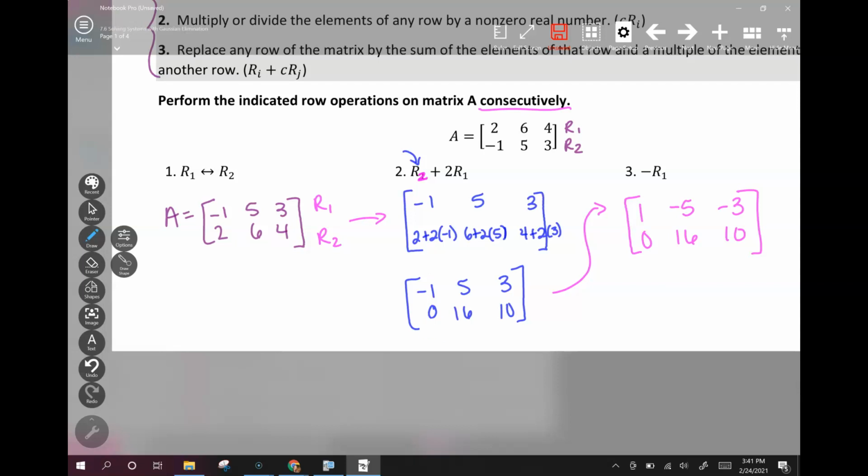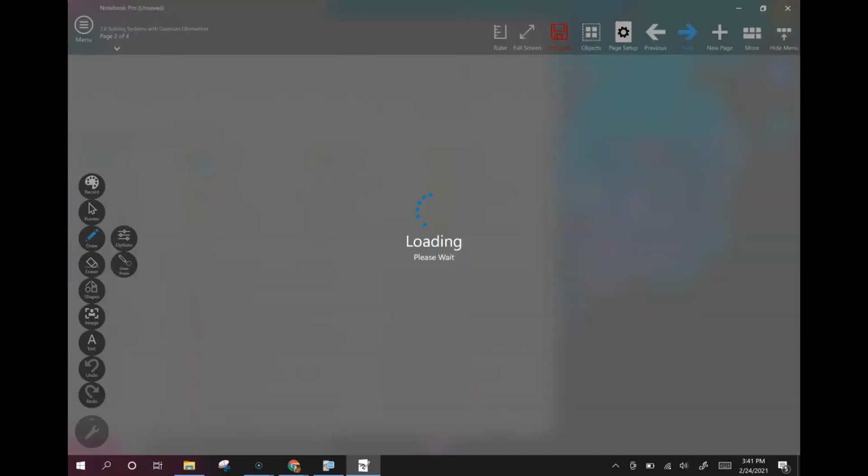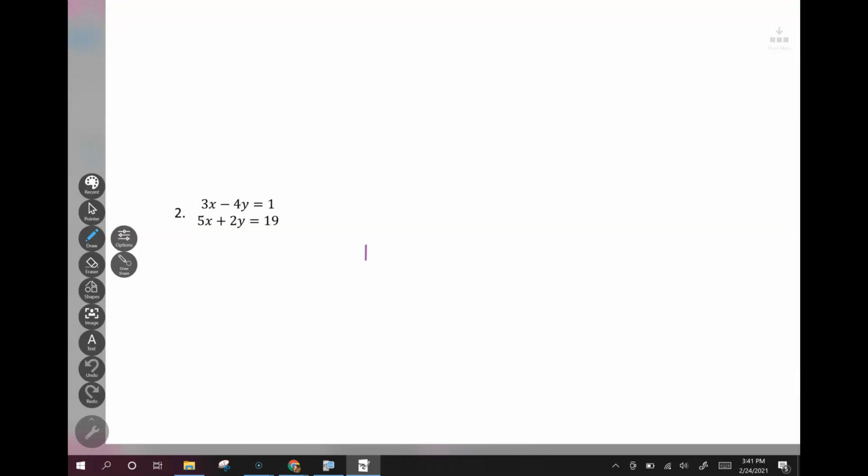And then I multiplied that entire first row by -1 because that first entry needs to be 1. So just with those 3 operations, I was able to get a 1 and a 0 in my first column. A 1 in the first row, first column, and a 0 below that. So you kind of already have a little idea of how that's going to work.